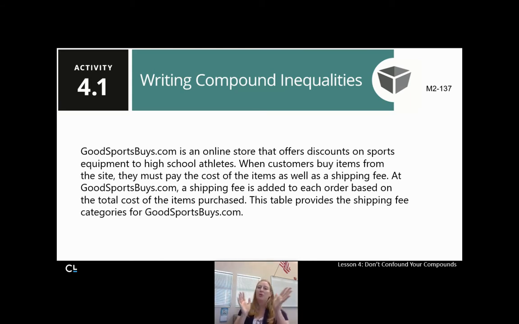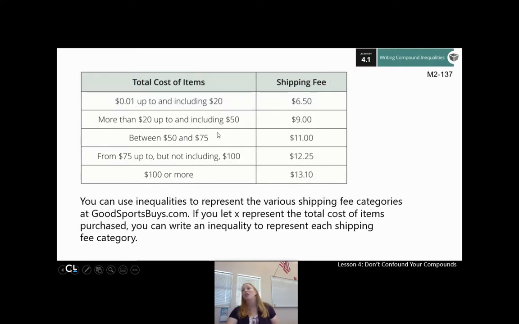So I have this lovely table, and you have it too on page 137. This table provides the shipping fee categories for GoodSportsBuy.com. If the total cost of the items is from 1 cent up to and including $20, it's $6.50. If it's more than $20 up to and including $50, it's a $9 shipping fee.